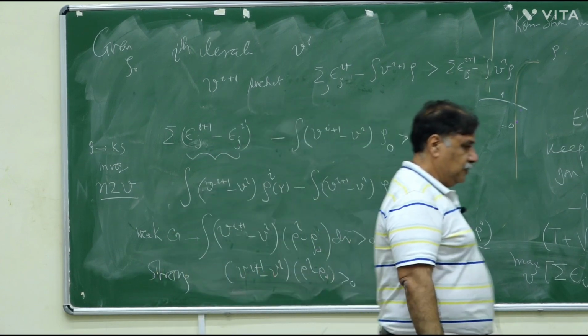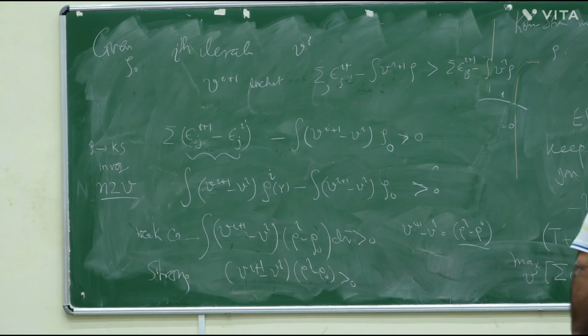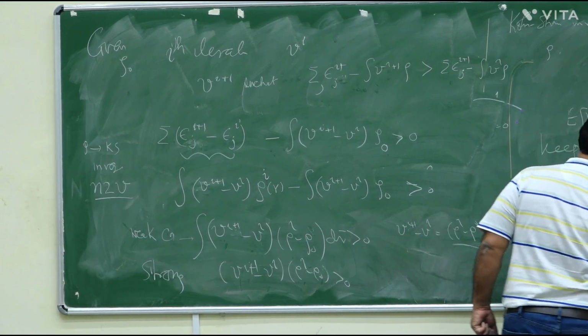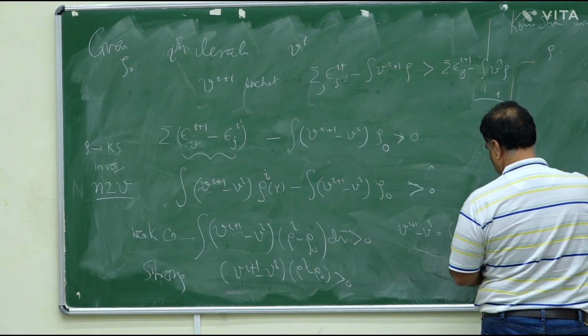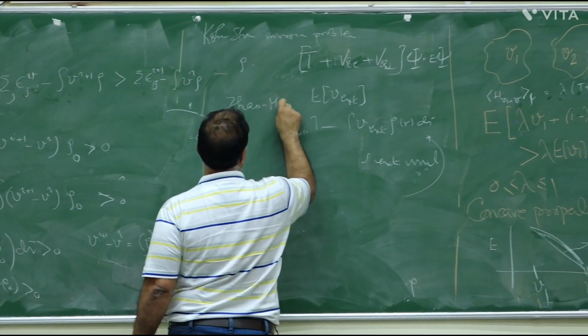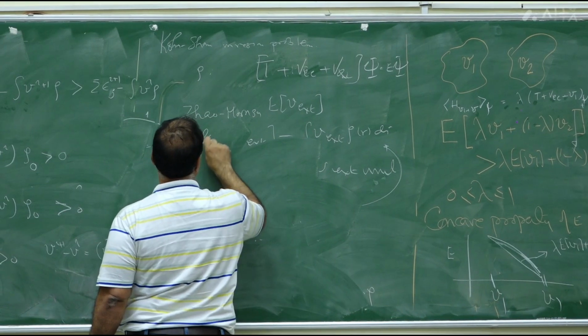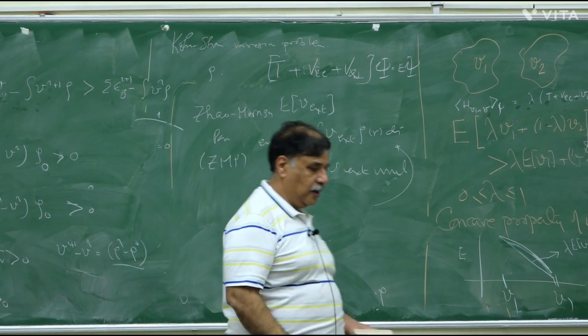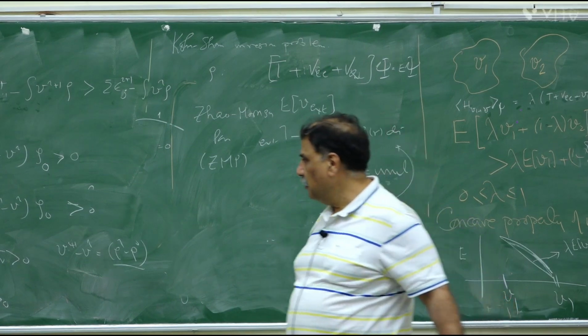Now, we have given one map. The other map is through constraint search. That also can be done, and I'll leave that for those of you who are interested to read. It is known as the Zhao-Morrison-Parr or ZMP method. We've been able to generalize this whole thing.